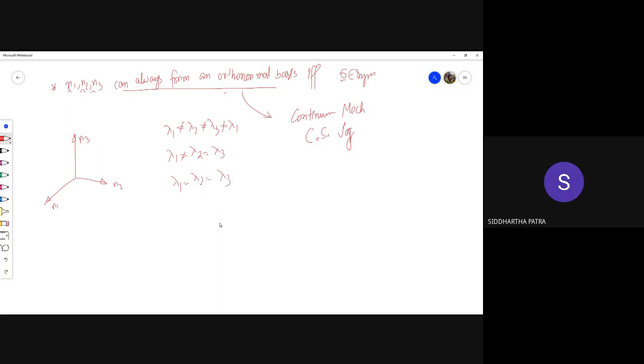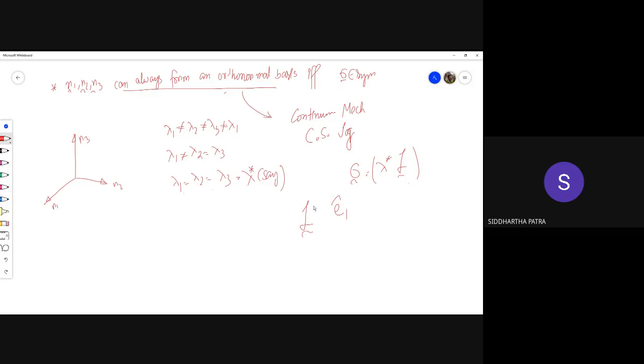Now, when all the three eigenvalues are the same, then your symmetric tensor is essentially this quantity. And that is how it looks in any coordinate system. Also, this means that I can take a random unit vector E1.